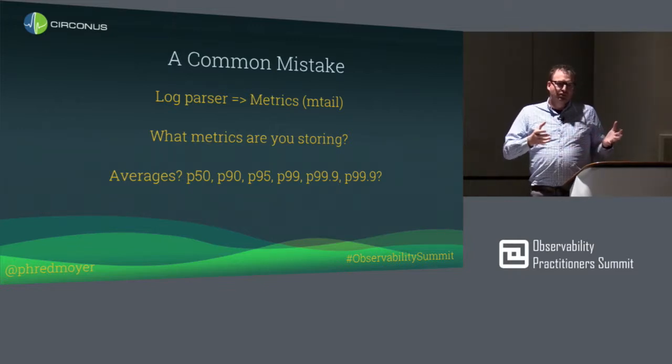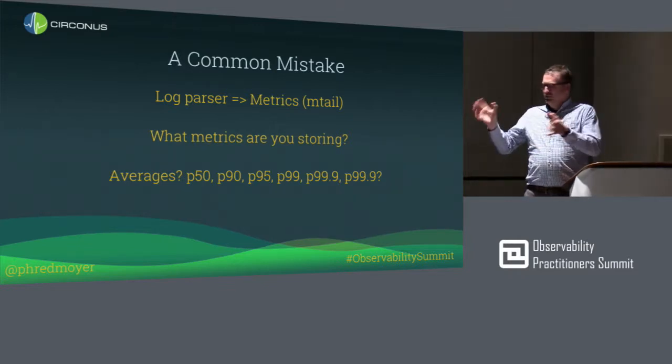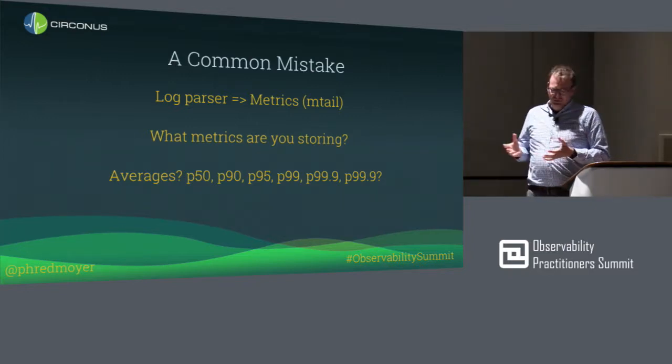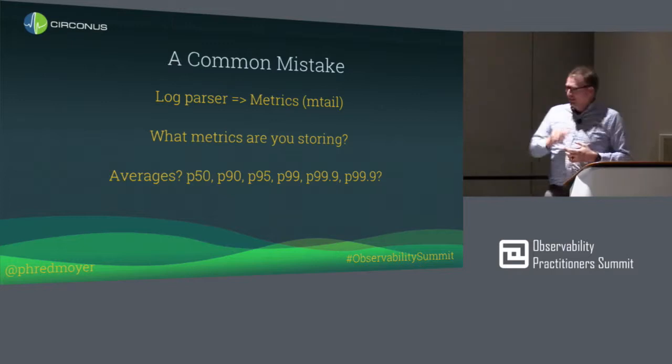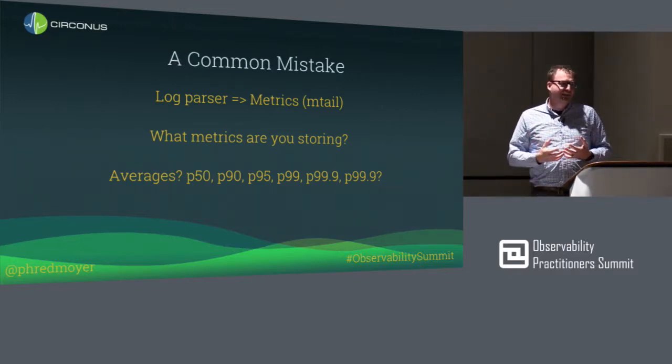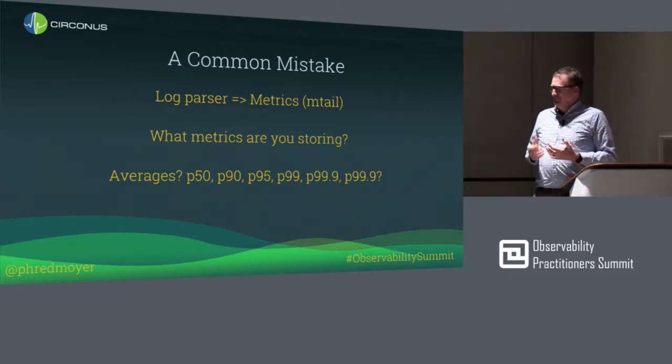Which one of those do I store? If you're inexperienced, you might just take some open source code, glue it together, and start storing metrics, which I've seen a lot. This is the trap that the tools out there cause people to fall into.